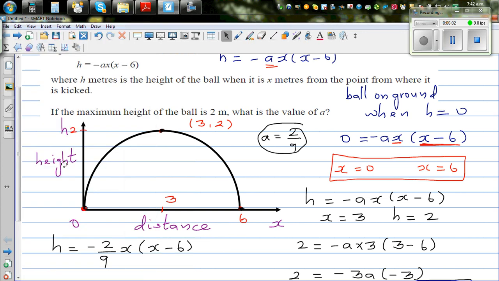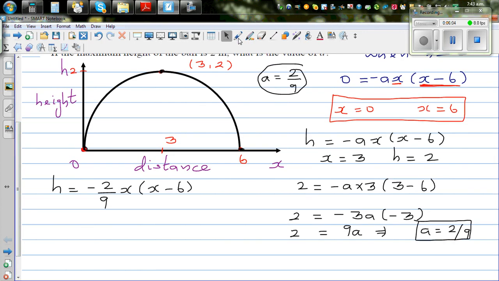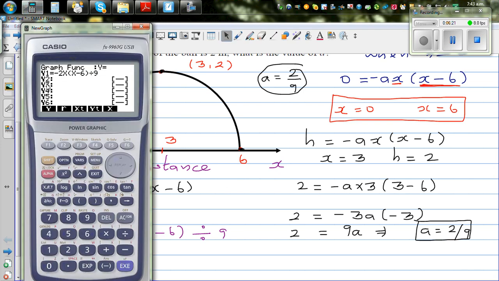Let me explain that, because that can be confusing. This equation can also be written as h = -2x(x - 6)/9. That's what I've done.